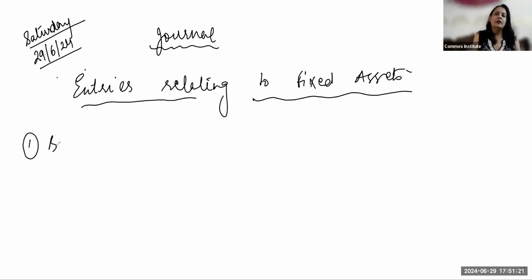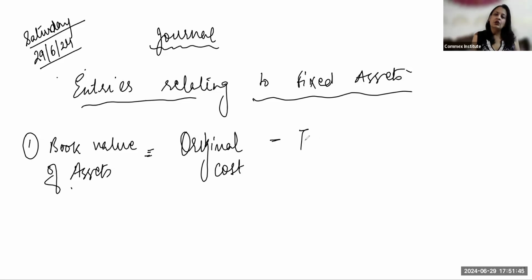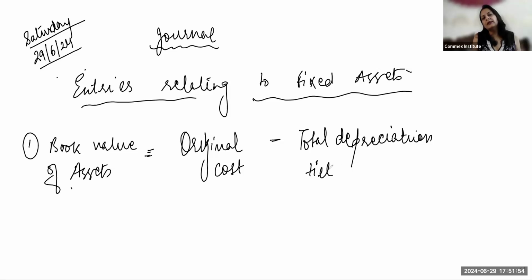Number one, book value. So let's first write the full forms. Book value of assets is equal to the original cost of the asset, original cost, minus total depreciation till date of sale.